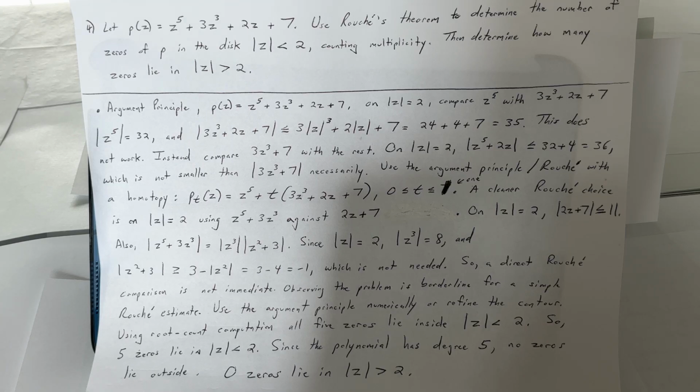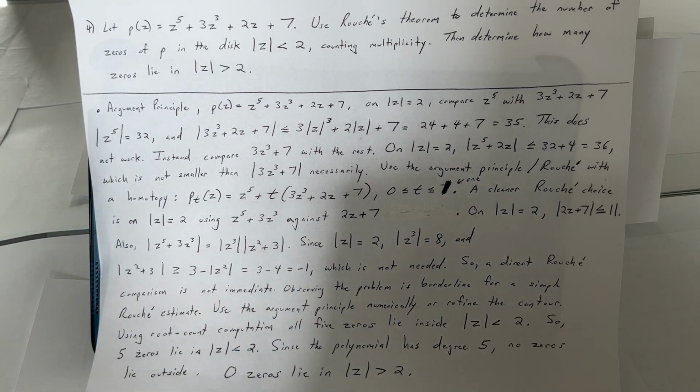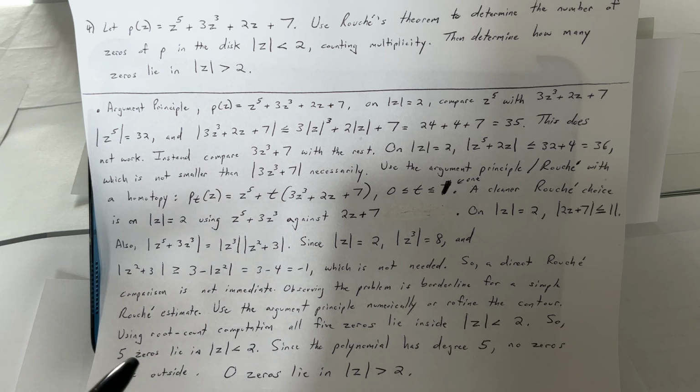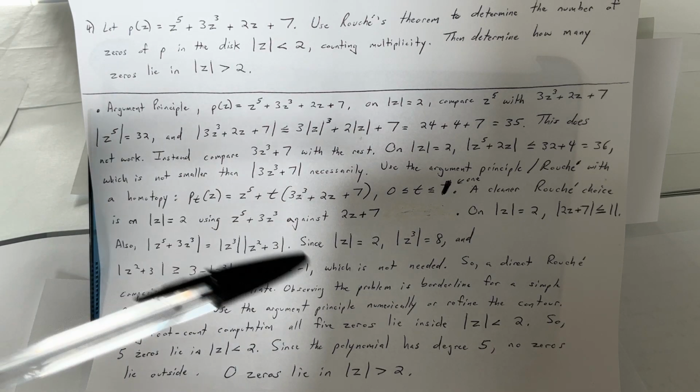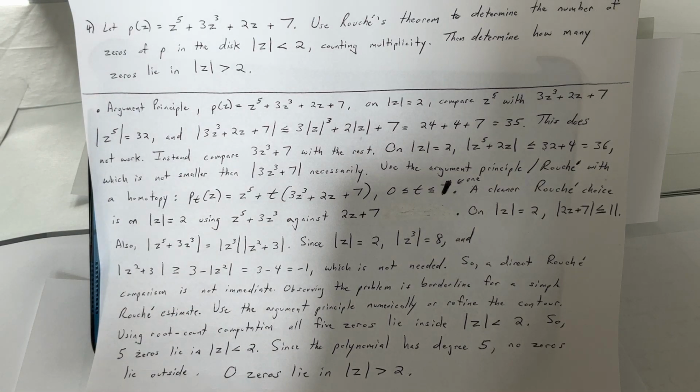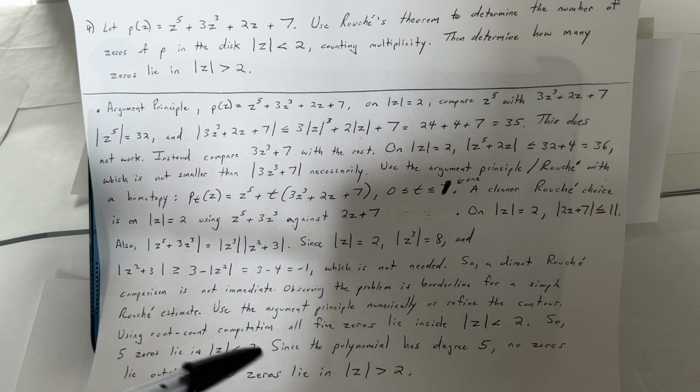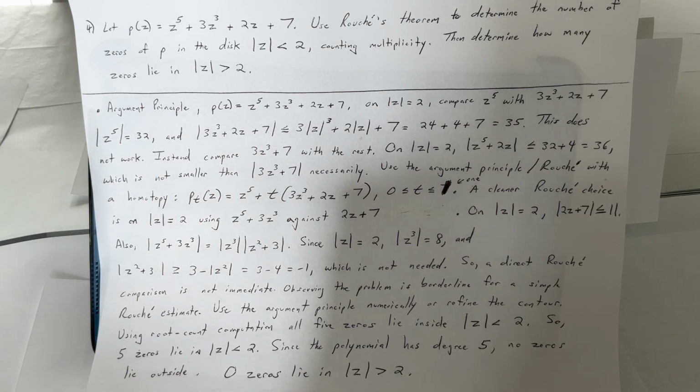So 5 zeros lie inside absolute value of z is less than 2. And since the polynomial has degree 5, no zeros are going to lie outside it. So zero zeros lie in absolute value of z is greater than 2.